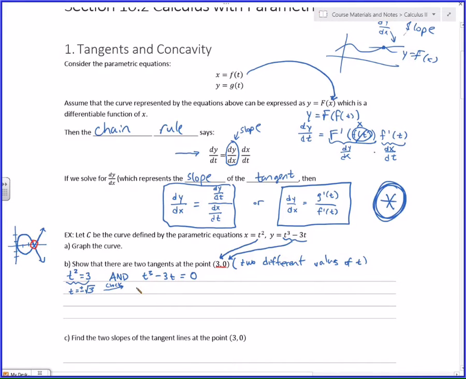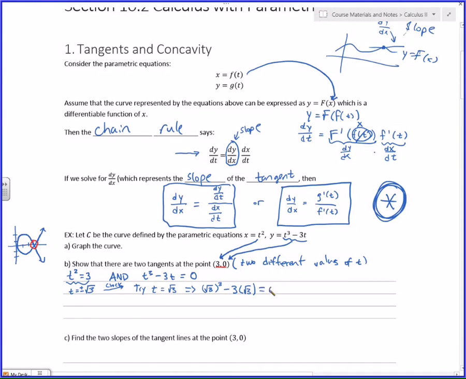So try t equals square root of 3. That's square root of 3 cubed minus 3 times the square root of 3. And that works.